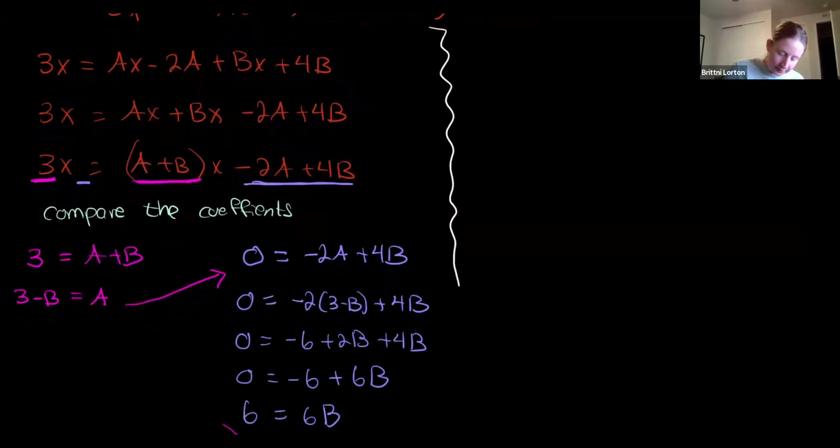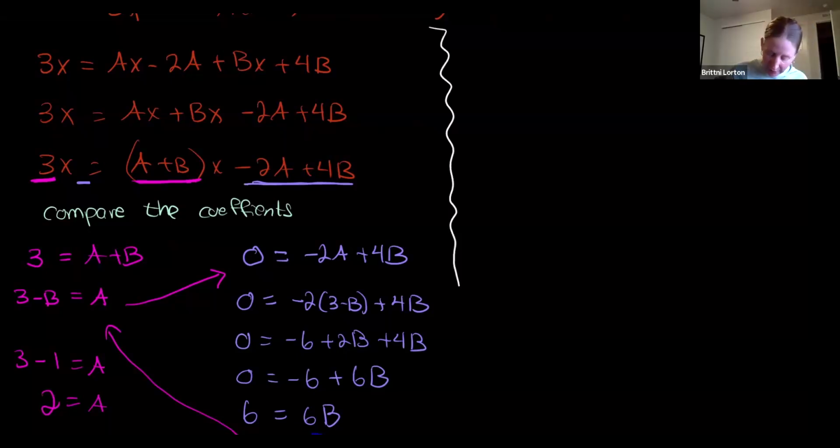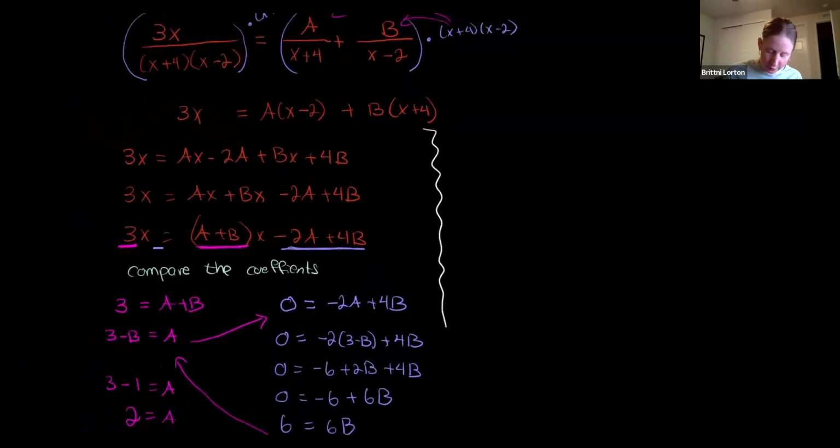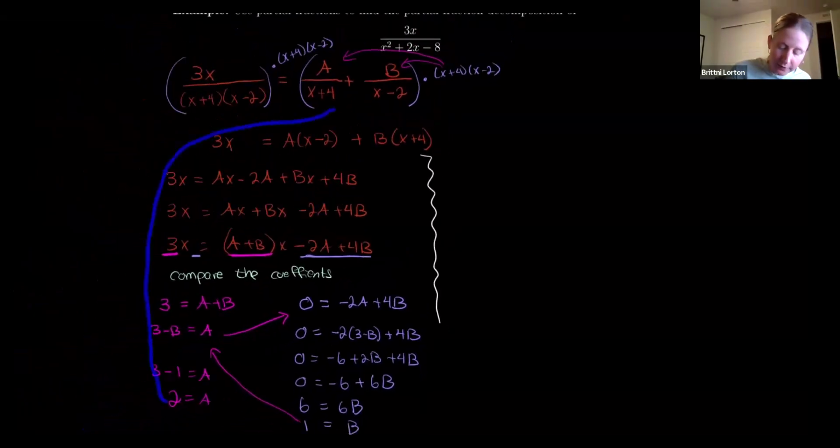And then I would take that and go into the other equation to solve for the other letter. So a is equal to 3 minus b, which means a is equal to 3 minus 1. So a is 2. And then you have everything that you need. We figured out what a and b are. So I can take that a and b, the solutions I got, and go back into that partial fraction decomposition.